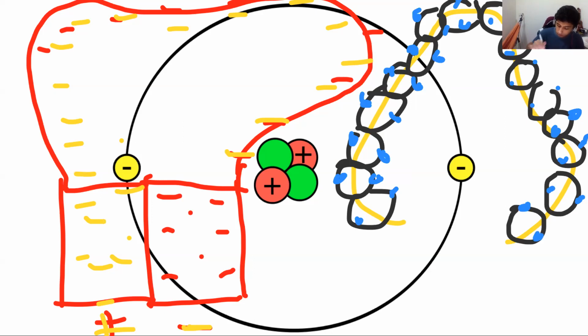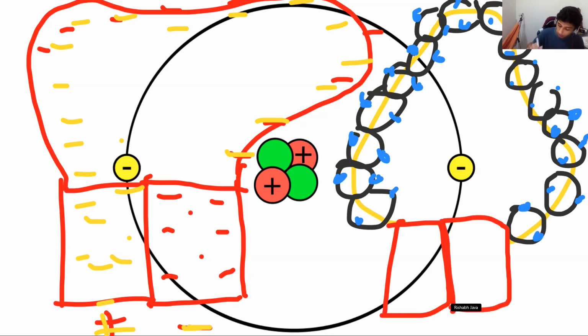And I'm going to connect this to a battery. So now one side of the battery has more of these negative ones, right? Yes or no? One side of the battery has more of these electrons. So it wants to get rid of them.